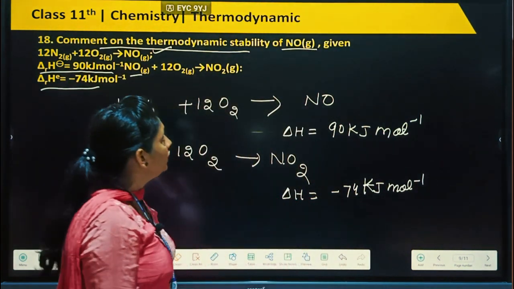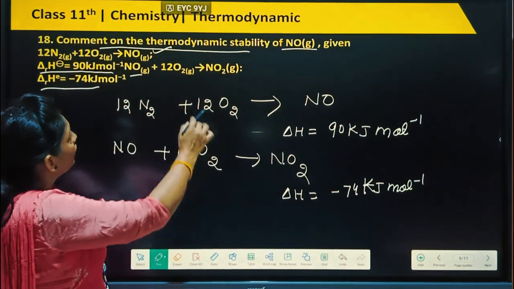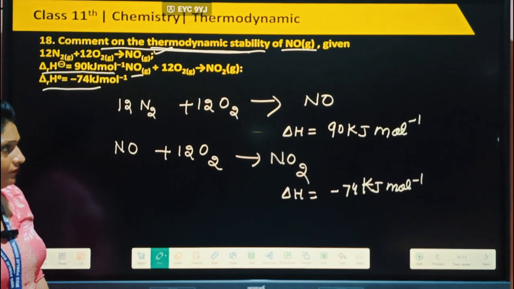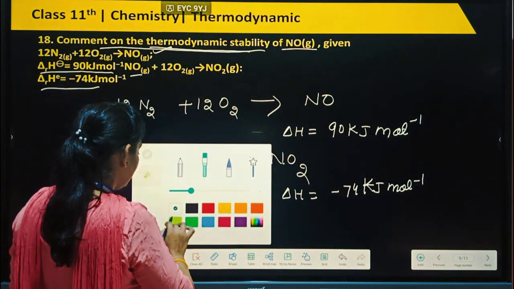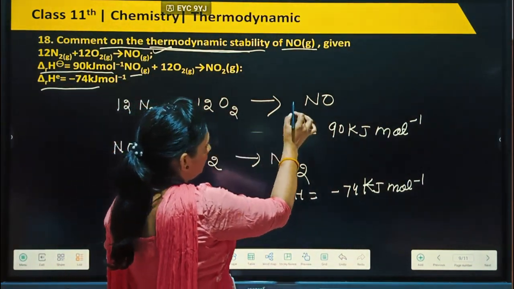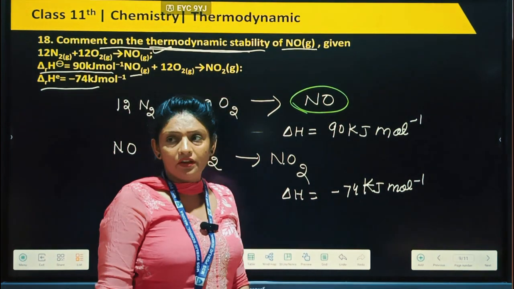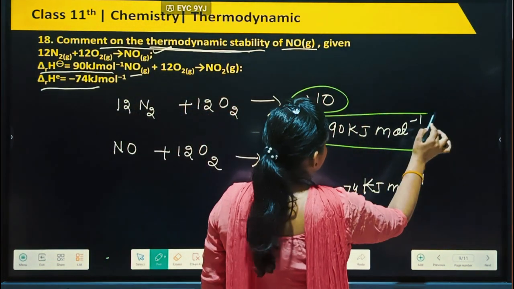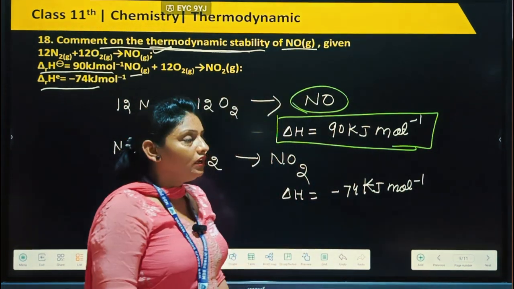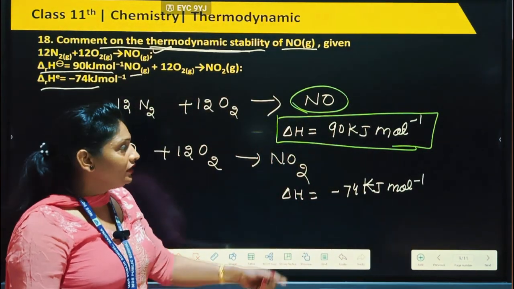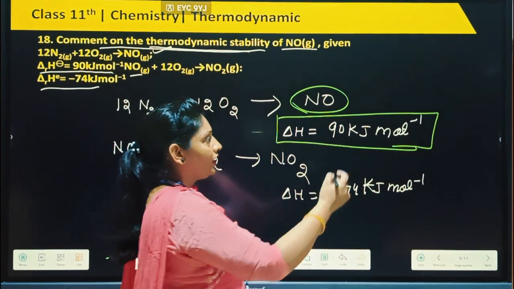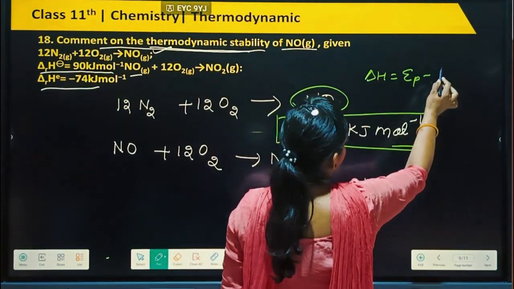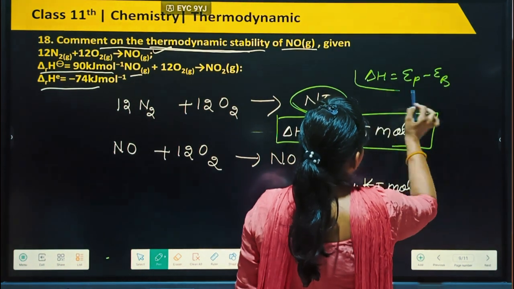Now tell about the stability of NO. Students, you can see here the value of del H. We are forming nitrogen oxide here, and we have this value in plus. How can we calculate del H? Enthalpy of product minus enthalpy of reactants.